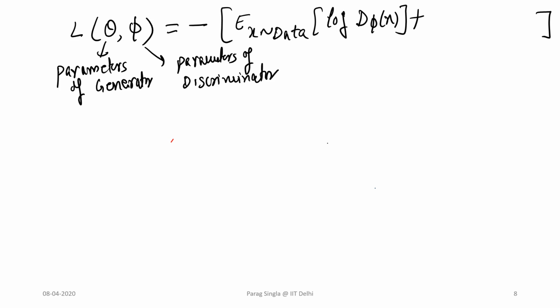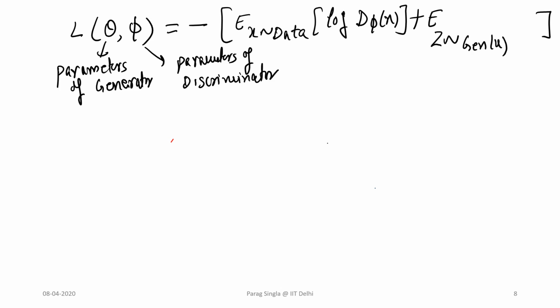And the next term is the probability that is assigned to samples which come from the generator, right?